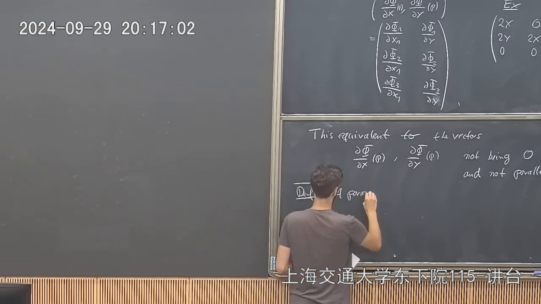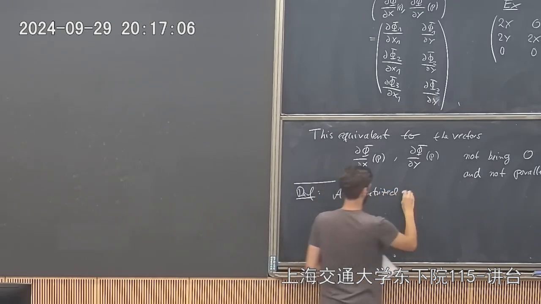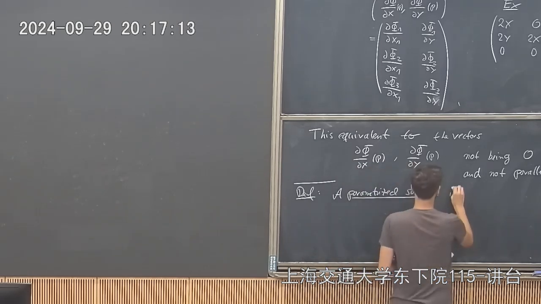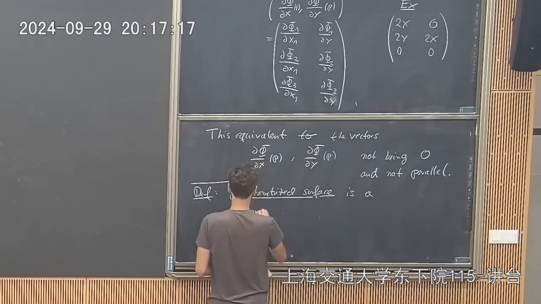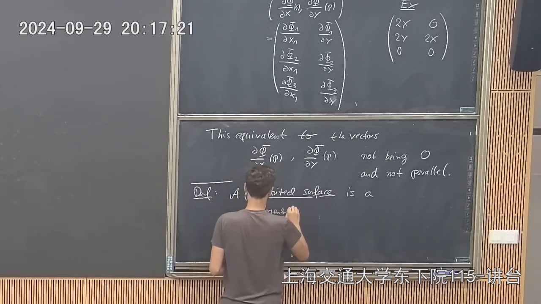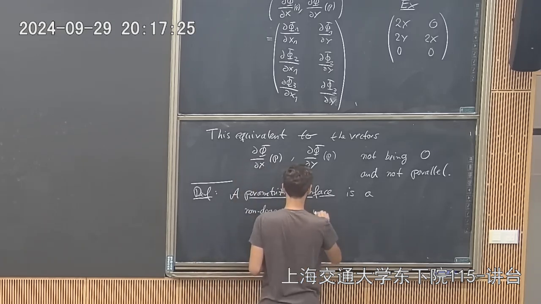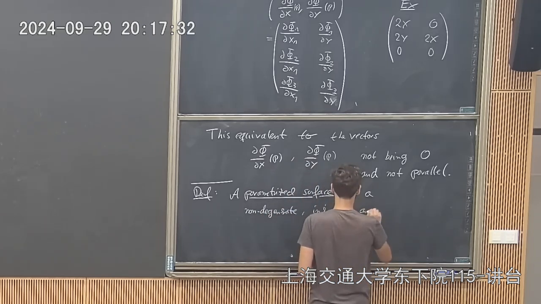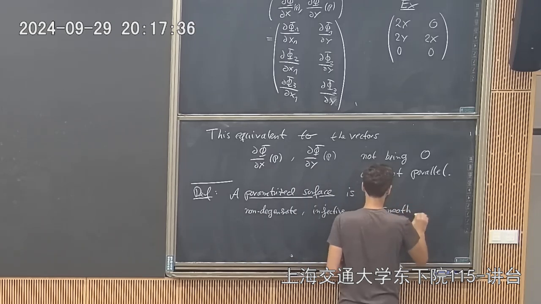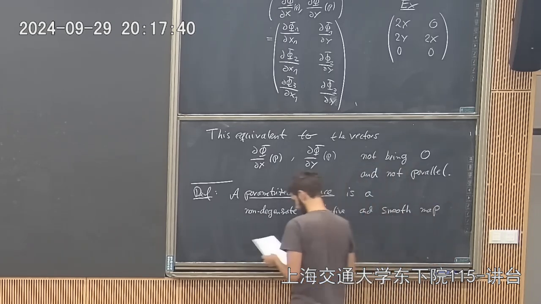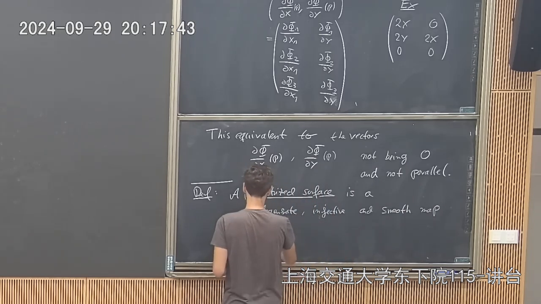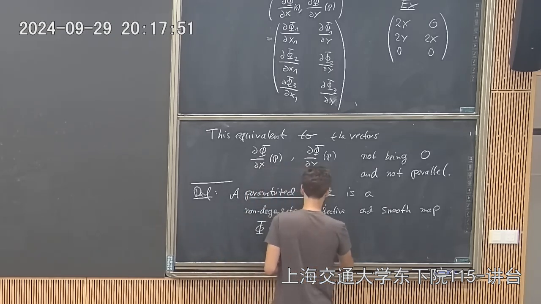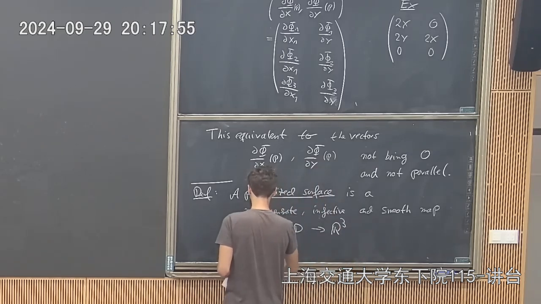So a parametrized surface is a non-degenerate, injective and smooth map, and it needs to be defined on an open subset.